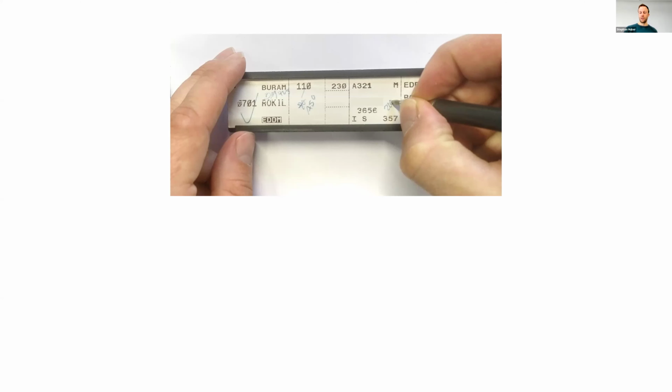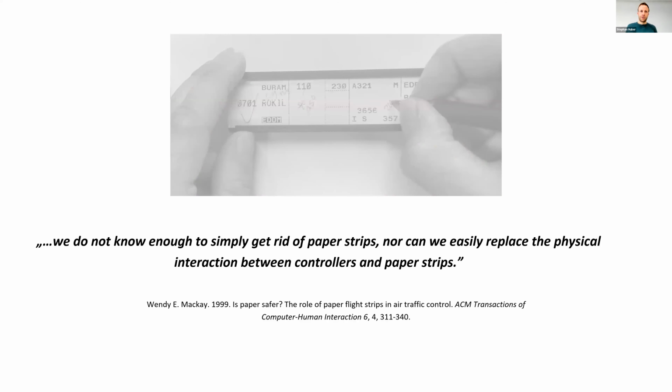So approaches were made in HCI to make a digital solution to this paper flight strip. However, Wendy Mackay, for instance, in her 25-year-old paper, demanded that the role of the paper flight strip and its social and also historical accounts need to be considered in the design of new systems.